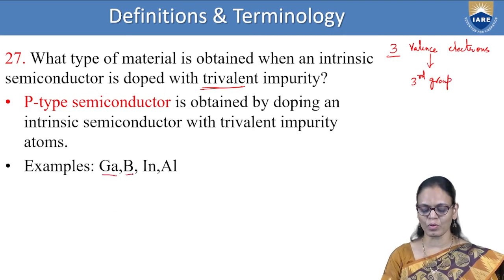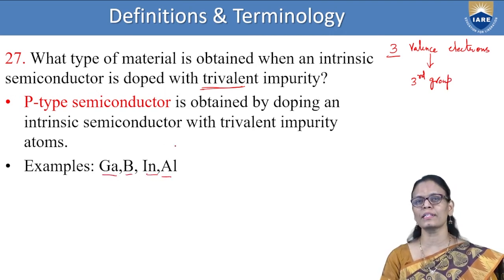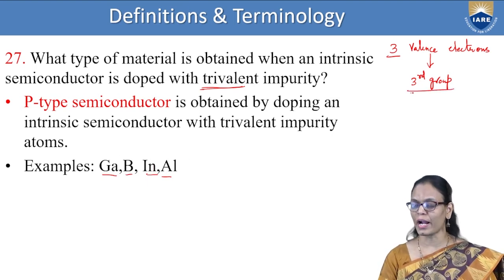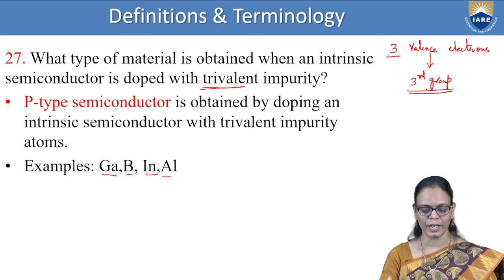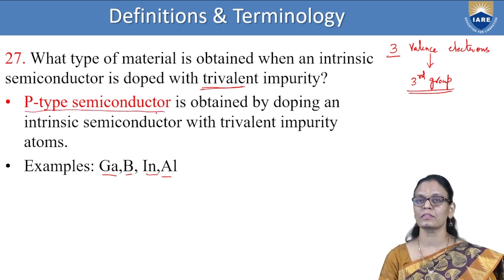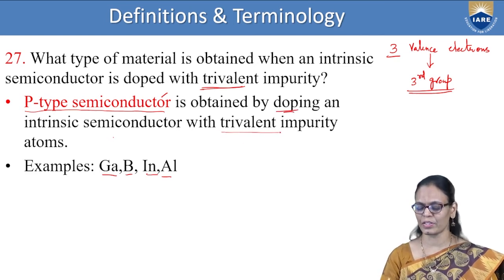Examples are gallium, boron, indium, aluminium. Whenever we add a third group element, it becomes a p-type semiconductor. So, a p-type semiconductor is obtained by doping an intrinsic semiconductor with a trivalent impurity.